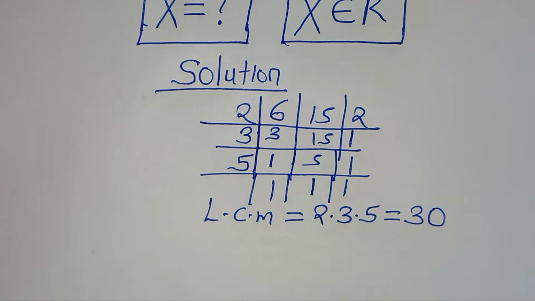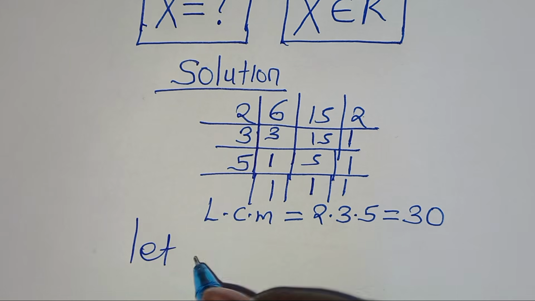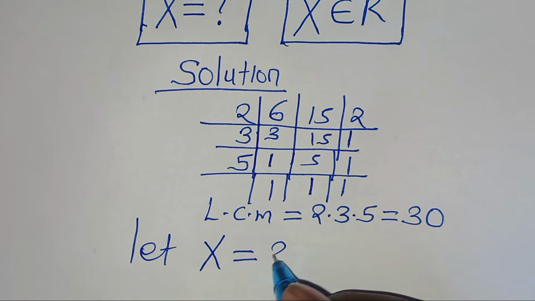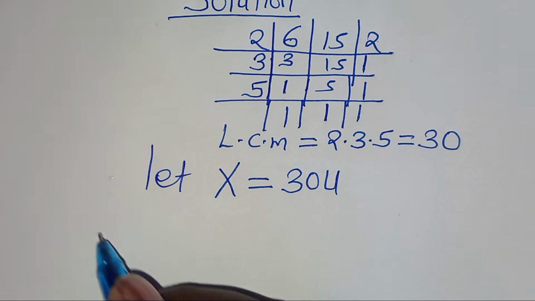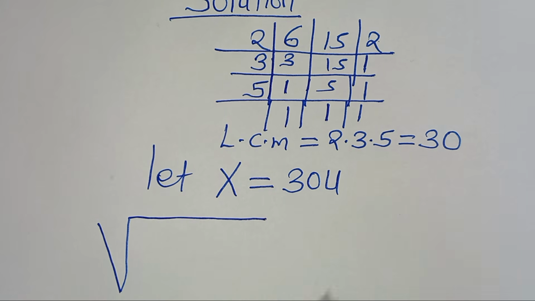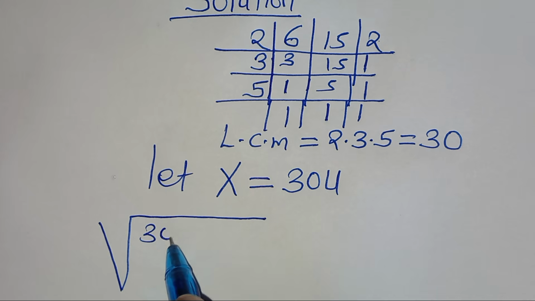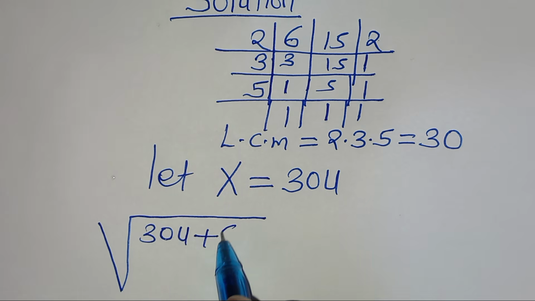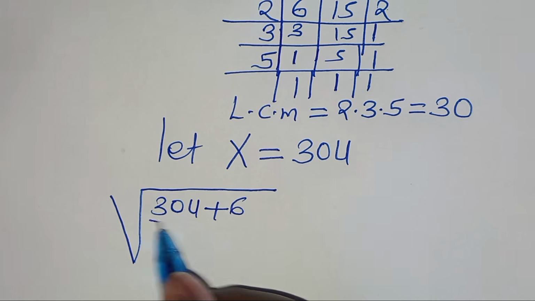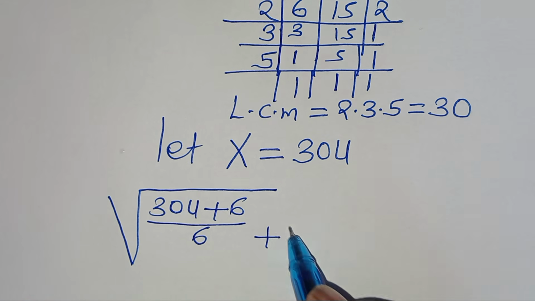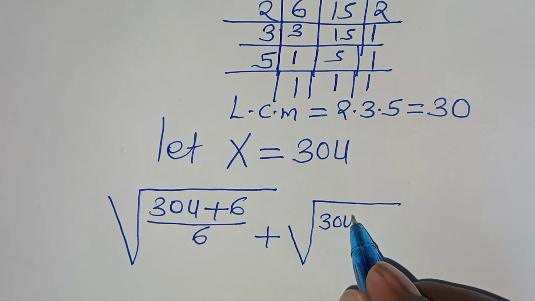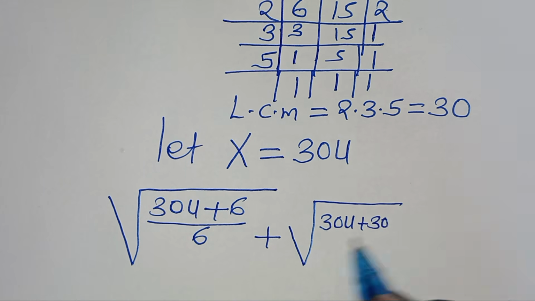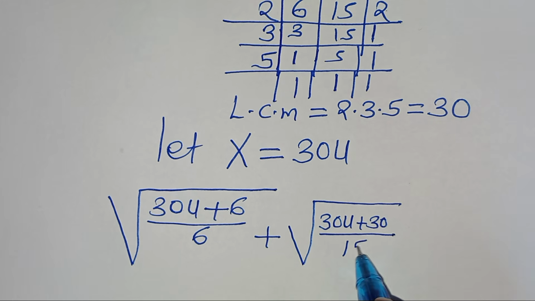So the next step from here, we can let x be equal to 30u. Let's substitute x with 30u, so that now we have the square root of 30u plus 6, divided by 6, plus the square root of x plus 30, which is 30u plus 30, divided by 15.